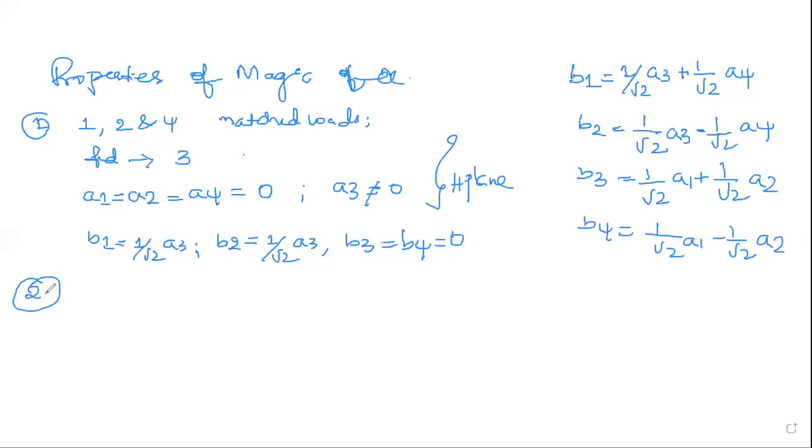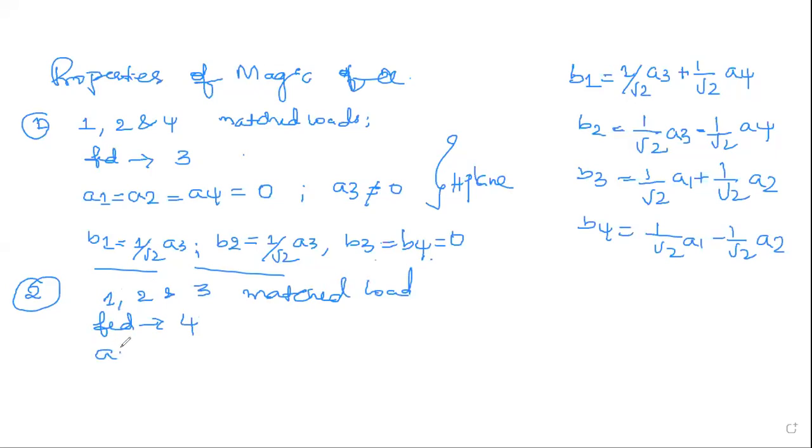Now, second property. I hope there is no confusion in this. B1 and B2 will equally divide and be in phase, whereas at port 3 and port 4 there will be no output. Coming to the second property, consider port 1, port 2, and port 3 terminated by matched loads, and the input is fed across port 4.